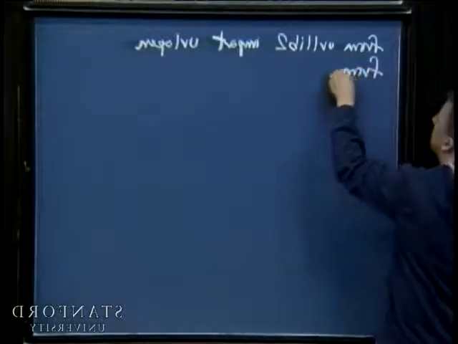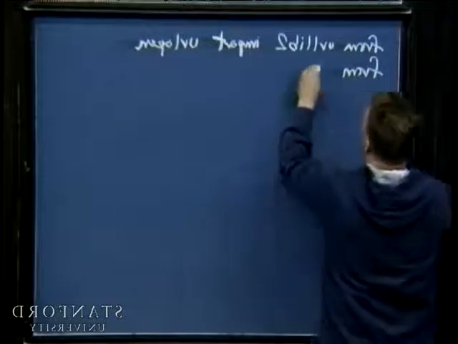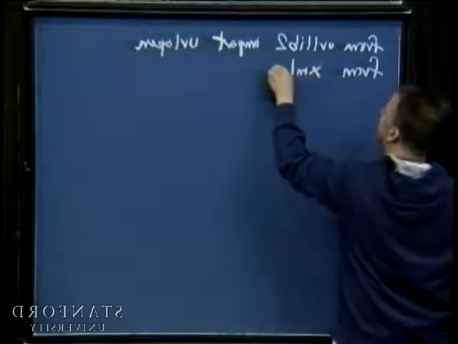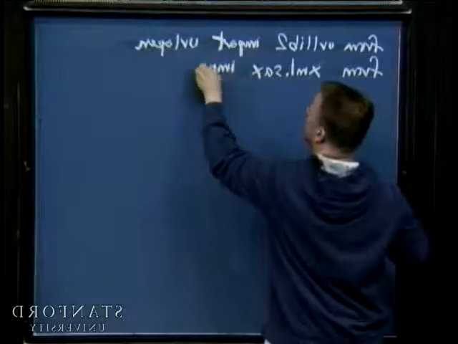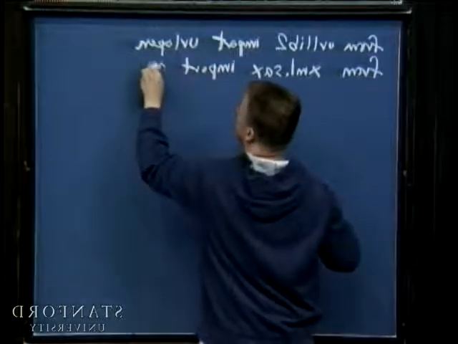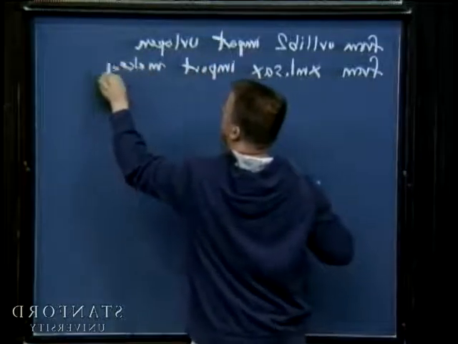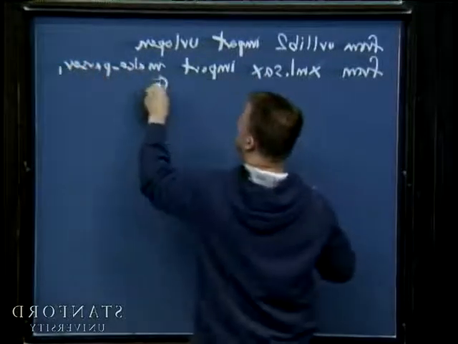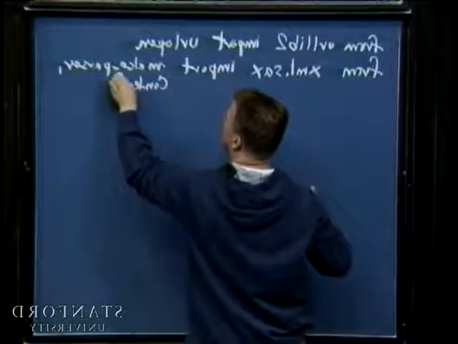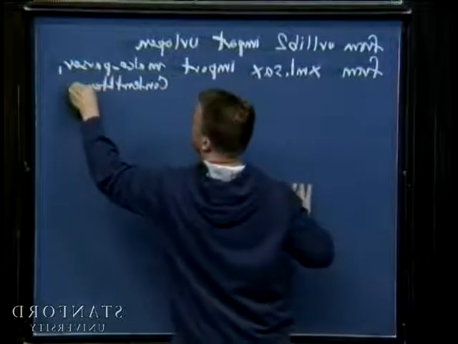From xml.sax import these two functions, make_parser, and then a class which I'm going to talk about called ContentHandler.